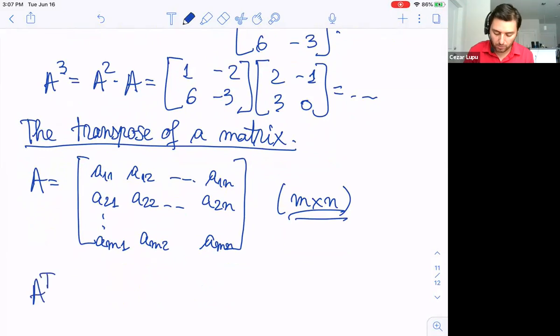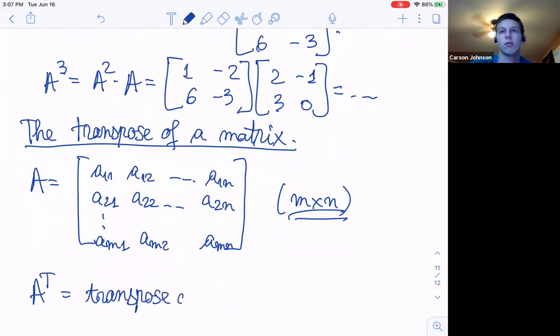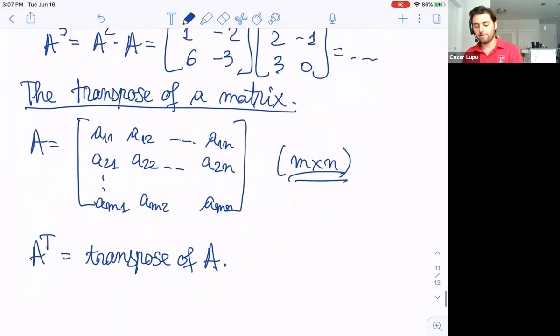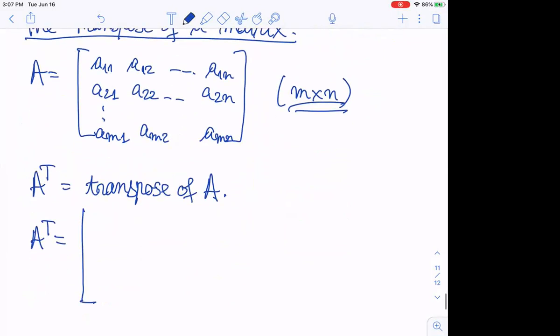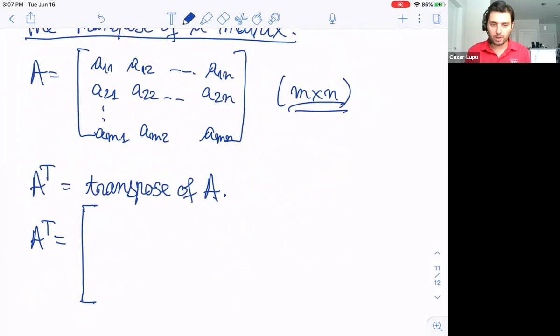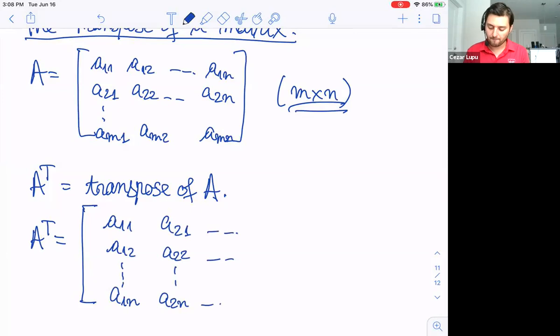So this is the transpose of A. I'm going to take the first row, A11, A12, A1n, then A21, A22, A2n, and you can see that I'm writing them as columns, all the way to Am1, Am2, Amn.